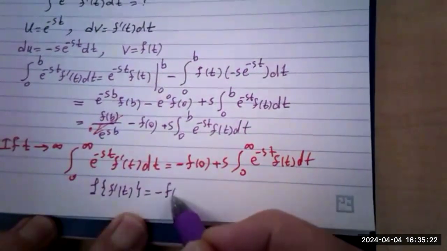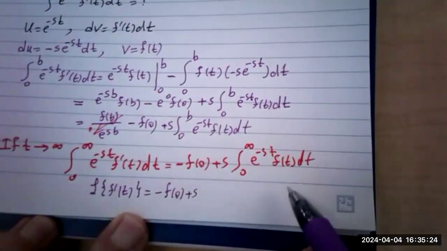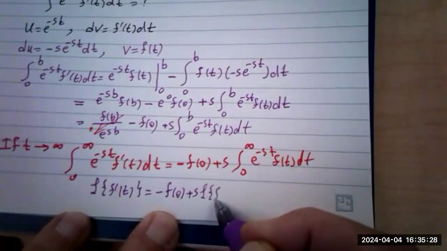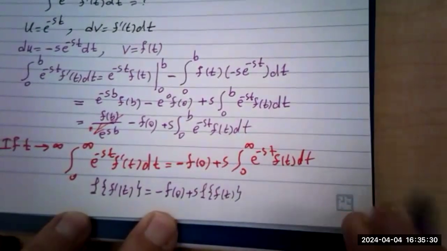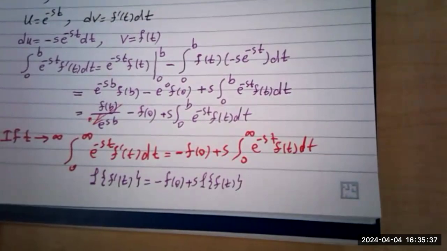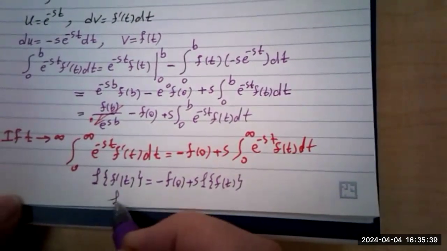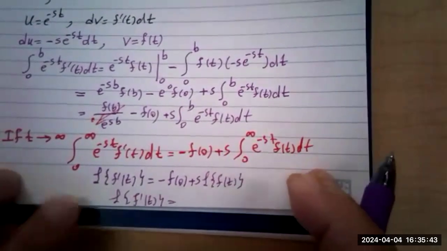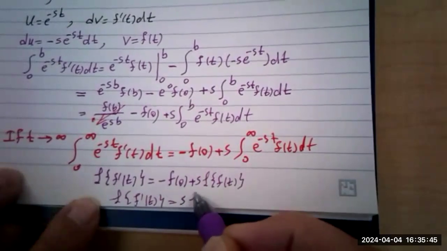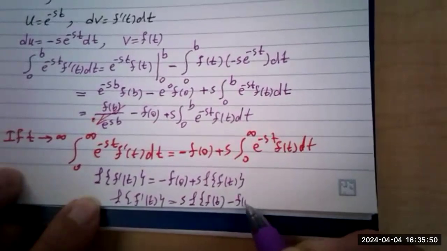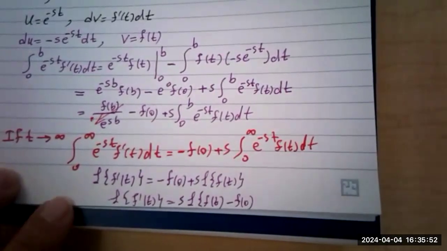Negative f of 0 plus s times the Laplace of f of t. That's it. If you rewrite it, this is what you are looking for. So basically, we proved the formula. We proved that the Laplace of f prime of t is simply s times the Laplace of f of t minus f of 0. It's a nice theorem.